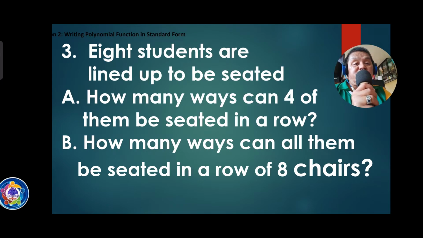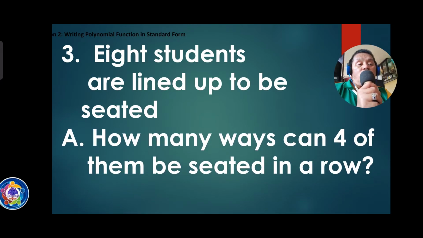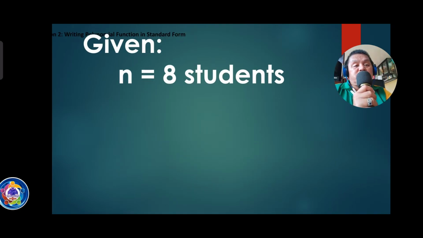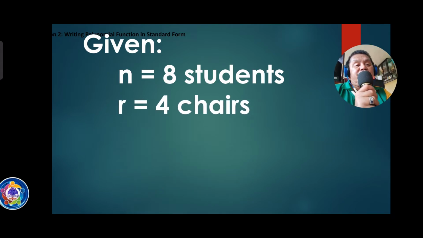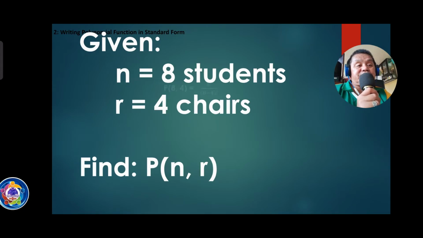So you're going to answer letter A first. Given N equals 8 students and R equals 4 chairs, you are going to find the permutation of 8 students taken 4 chairs at a time.